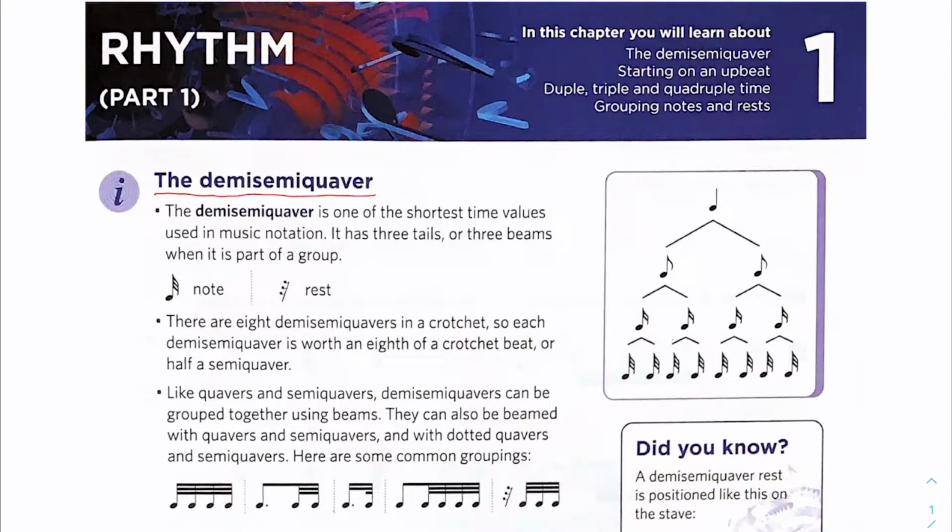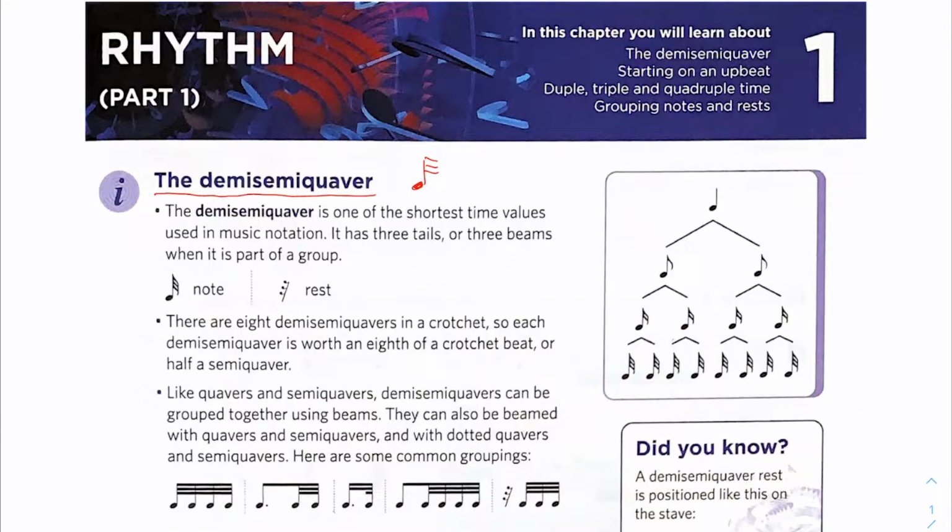The demisemiquaver is one of the shortest time values used in music notation. It has three tails or three beams when it is part of a group. In grade 2, we learned that when the note has two tails, it's a semiquaver, and if we add one more tail to it, it becomes a demisemiquaver.